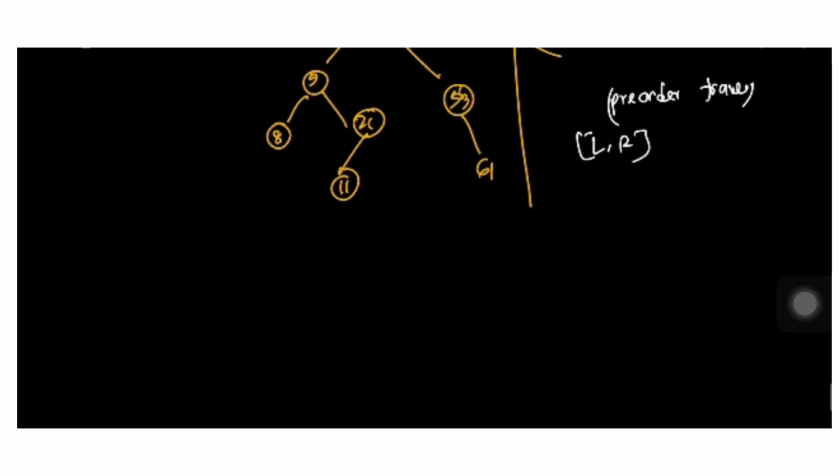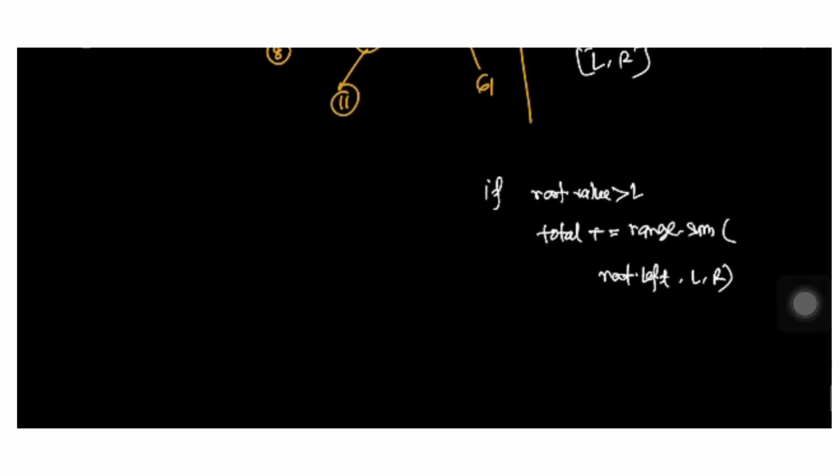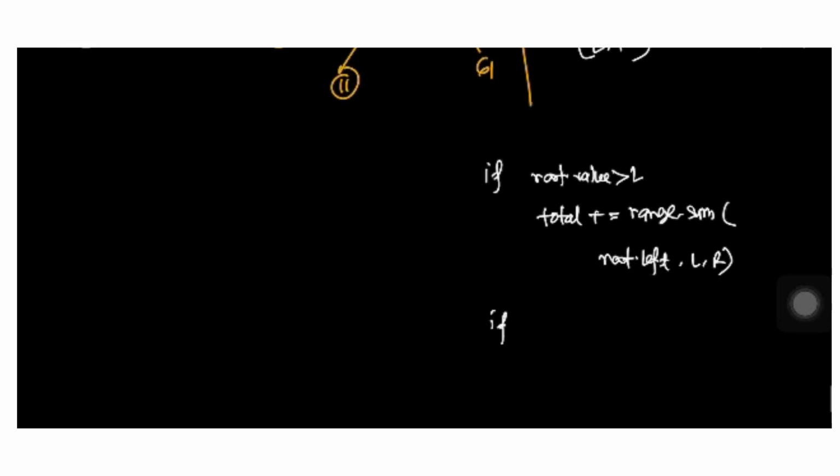The pseudocode is like, if root.value is greater than L, we have to update the total plus equal range sum of root.left, L and R. If L is greater than or equal to root value and less than or equal to R, just update the total with the root value.